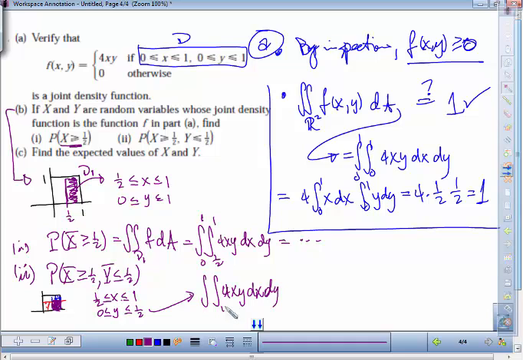So x goes from 1/2 to 1, and y goes from 0 to 1/2. Okay, just a bunch of plug and chug formula things, so you just have to be able to interpret the problem.